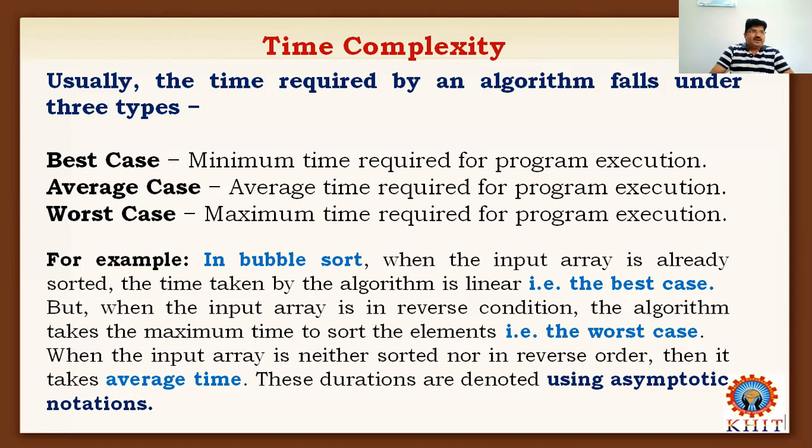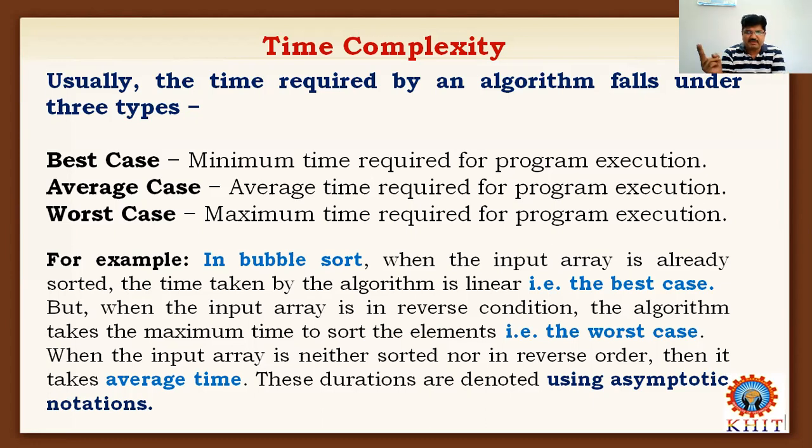The second scenario is when the elements in the given problem are not sorted, and the elements are given randomly. In this case, when sorting the elements using bubble sort, it will take either less time or maximum time, but we will not get the best time. Why? Because only if you get the answer in a single step is it considered the best case. In this case, it will take either the average or the worst case.